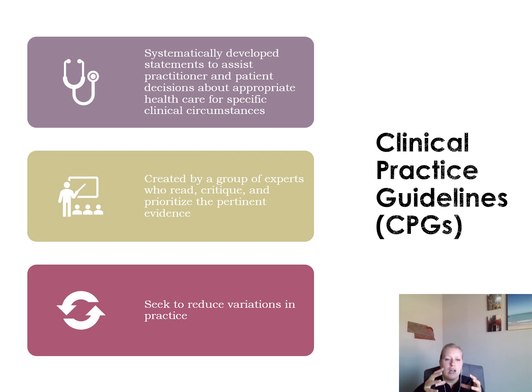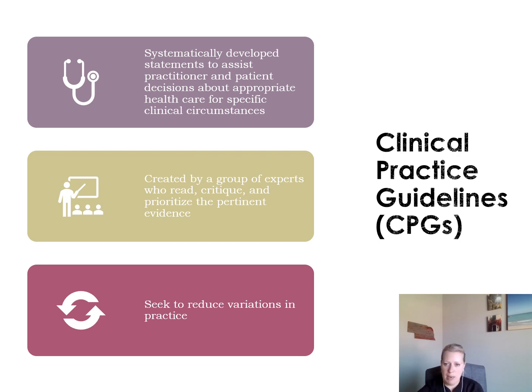And these are the guidelines that people use for evidence-based practice. So instead of just one article, you can think of this as a group of experts getting in a big room together and looking at multiple systematic reviews and saying, okay, this is how we suggest that you draw blood.